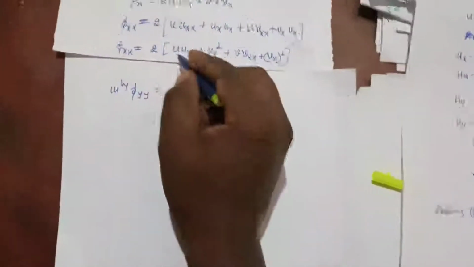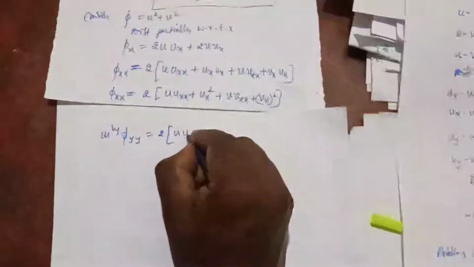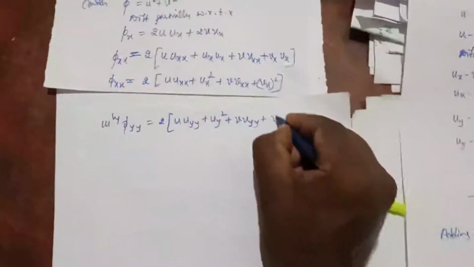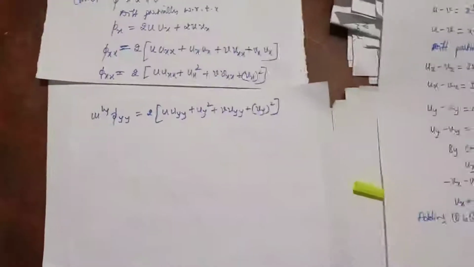So similarly for phi yy, u square plus v square is a symmetric function. Similarly we write 2 times, instead of x we write y here: uyy plus uy square, vyy plus vy square.